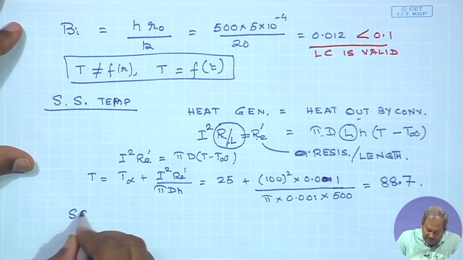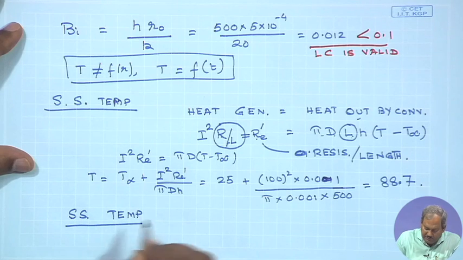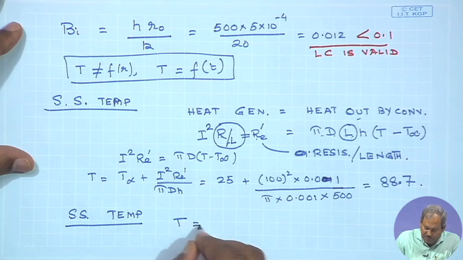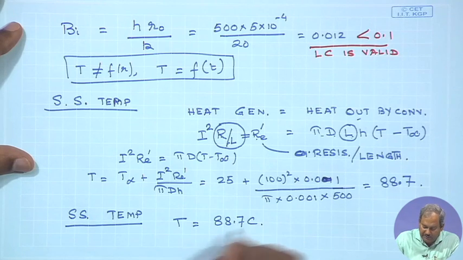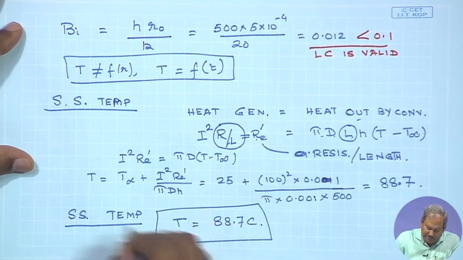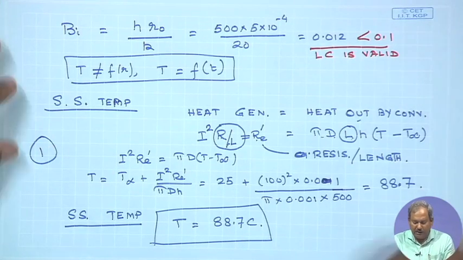So the steady state temperature of the wire by a simple heat balance would be 88.7 degree centigrade. This is part 1 of the problem which we are dealing with.